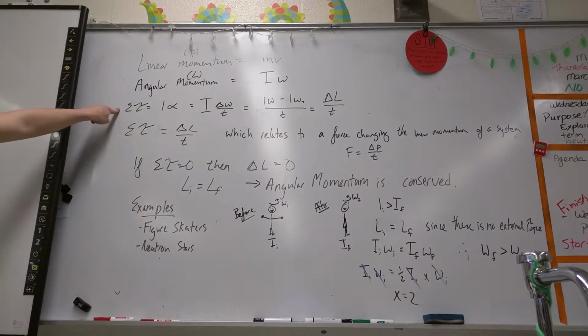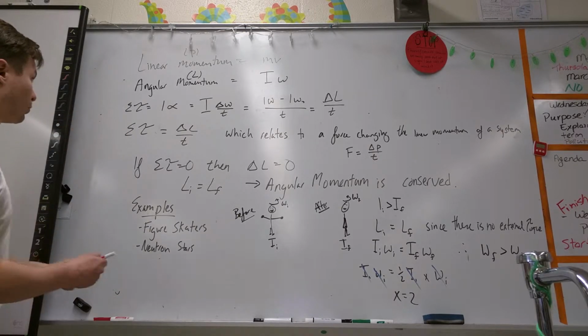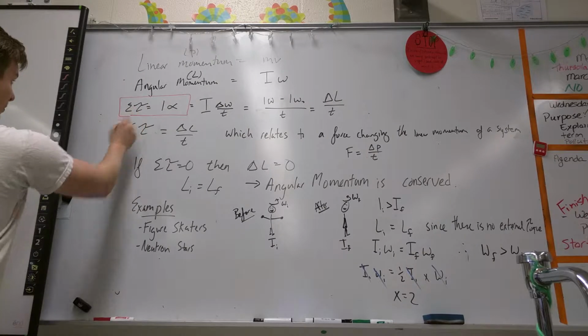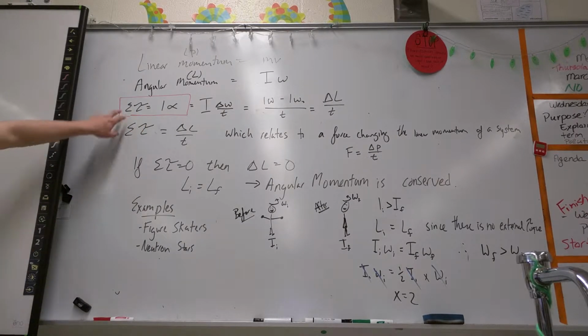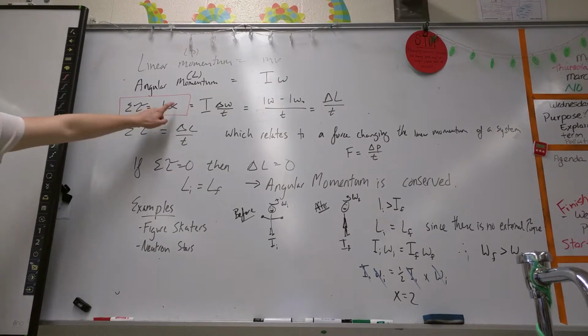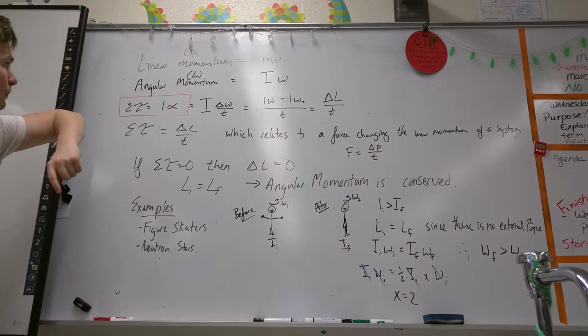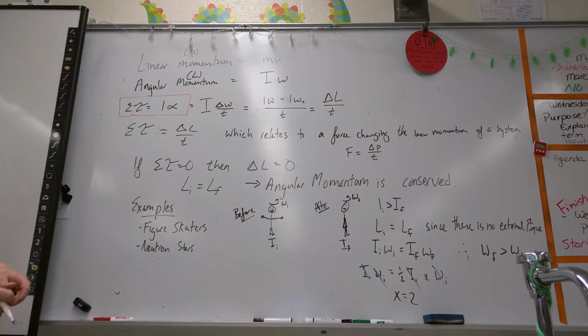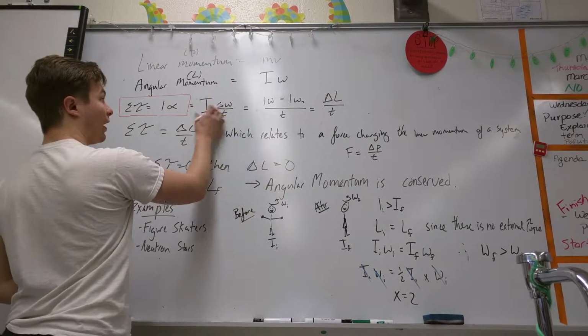So I'll start with my relationship, which is analogous to, remember, F net equals ma, where the sum of the torques is F net, I is m, and alpha, angular acceleration, is a. And I will expand on angular acceleration to get change in omega over time.